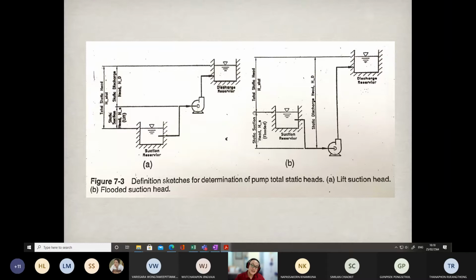Here, the static discharge head is equal to the total static head plus the static suction head. These are the differences between these two figures.